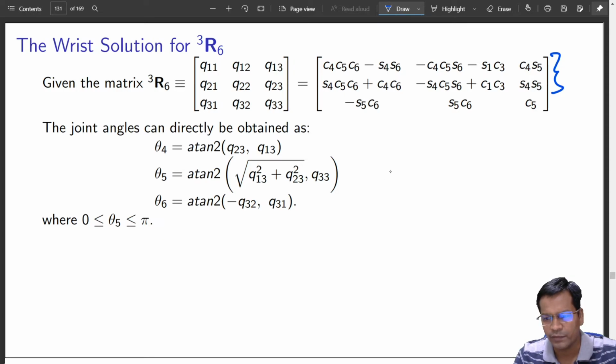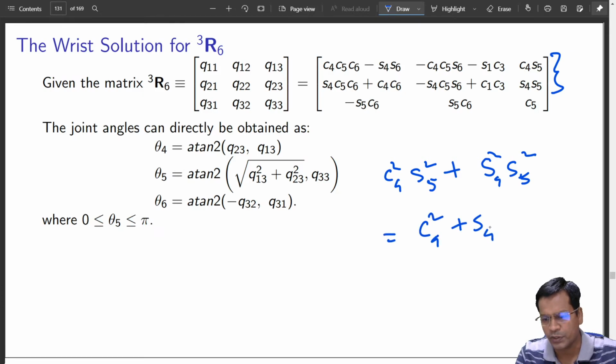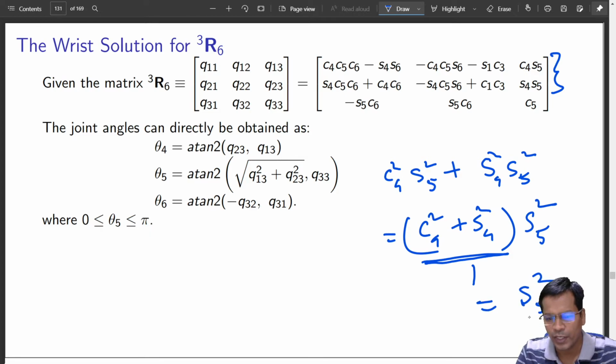So what will this give? C4 square S5 square plus S4 square S5 square. So effectively it is C4 square plus S4 square times S5 square, cos square theta plus sin square theta, which should give me 1. So effectively I am left with S5 square. Done. So S5 is simply the root over these two terms.